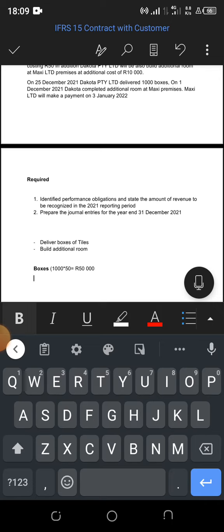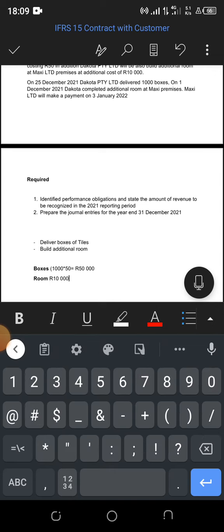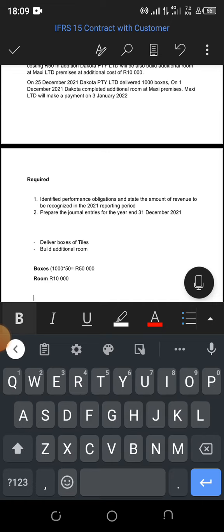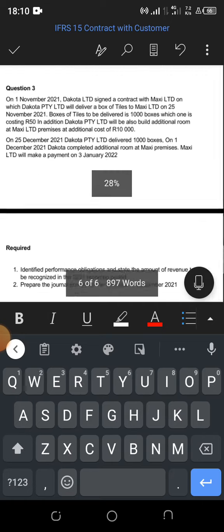Okay, then the additional room, they said is 10,000. Now let's check if the performance obligation has been satisfied.